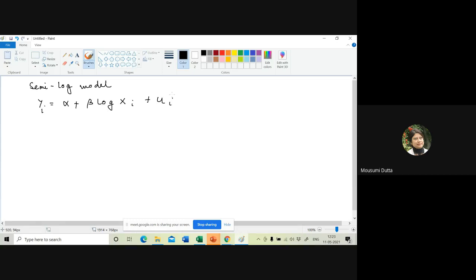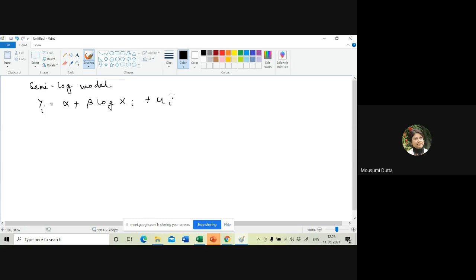Next is the third one. You are interested in estimating a constant elasticity of demand function. So any idea how we will proceed with a constant elasticity of demand function? You are familiar with this.